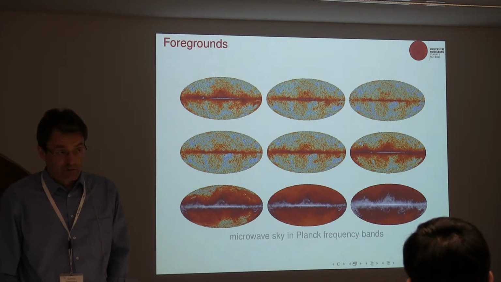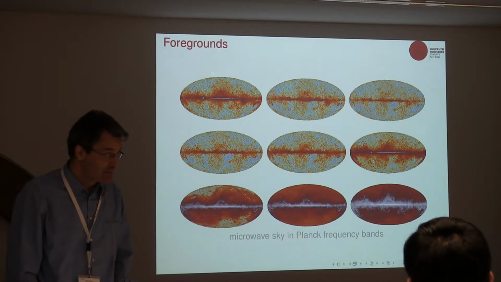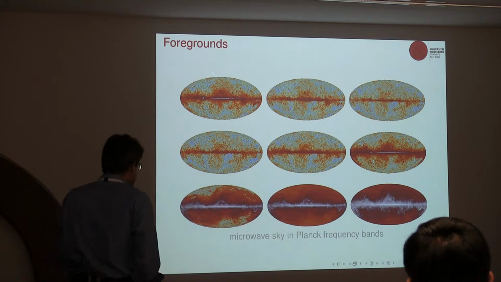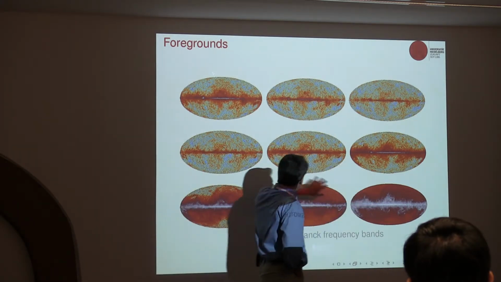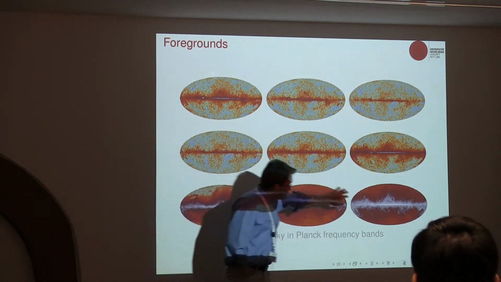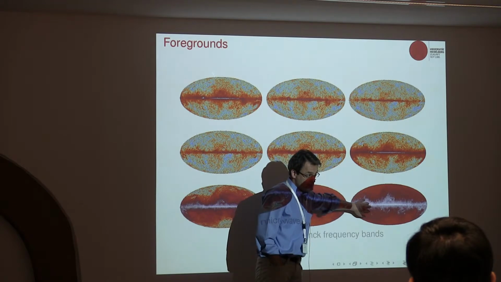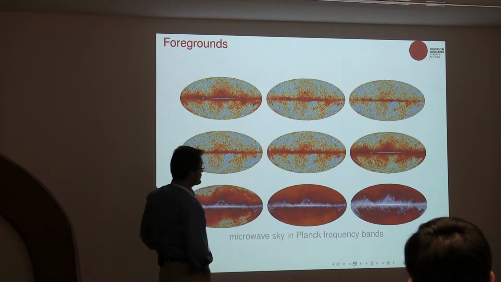There was 30, 44, 70, 100, 217, 353, 400 something, and so on, gigahertz until 857 gigahertz. So this corresponds to a centimeter wavelength, and this approximately to 0.3 millimeters wavelength. So that's long wave, short wave, relatively.